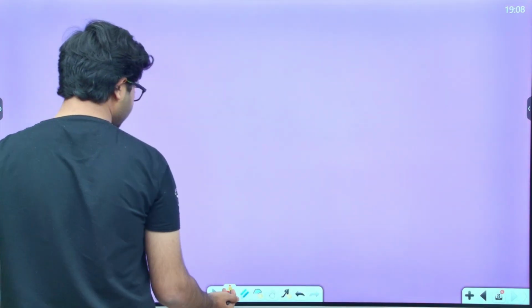Now we have seen linearity, which system is linear, non-linear, and which system is time variant and invariant. Now the third is the LTI system. What are LTI systems?